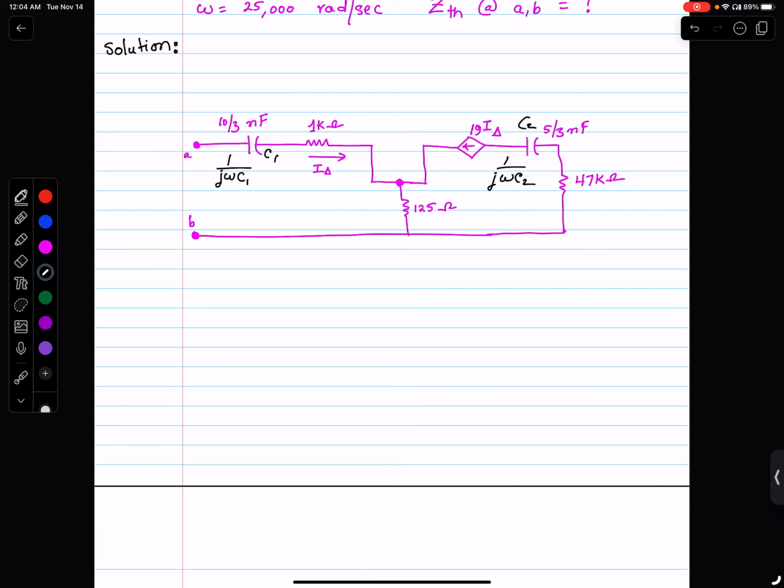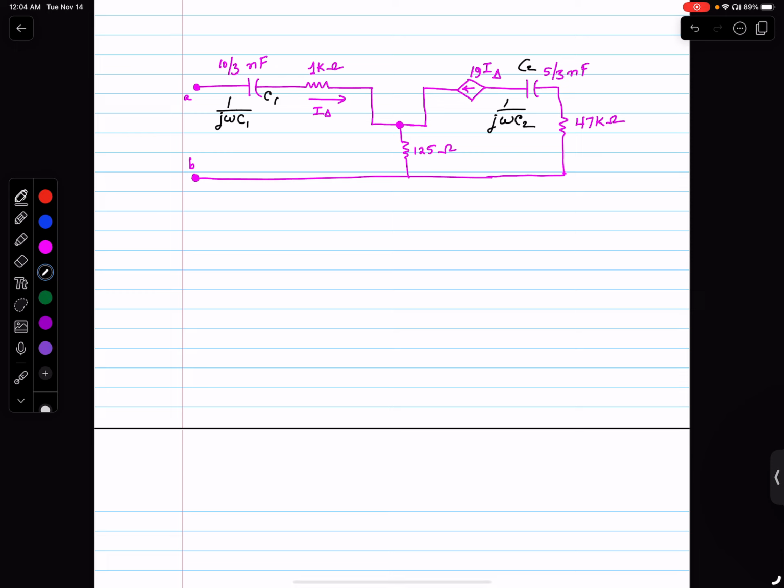Now let's calculate ZC1. ZC1 equals 1 over j omega C1. Plug in the value for omega, 25,000, and for C1, which is 10 over 3 nano.